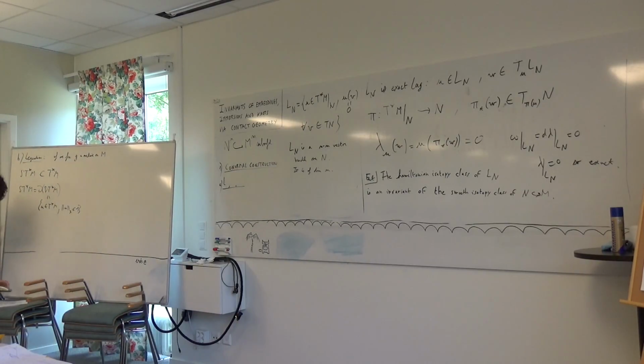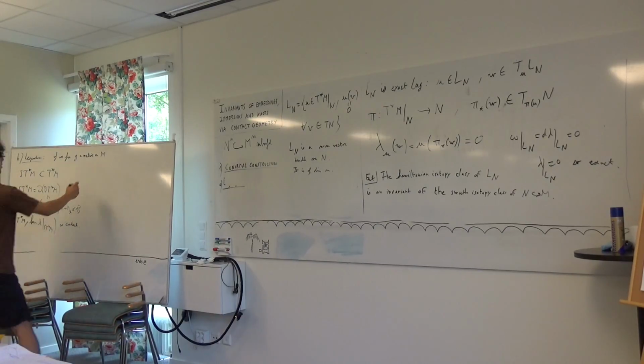Let me just write this. So lambda restricted, let's say k lambda maybe, is contact.